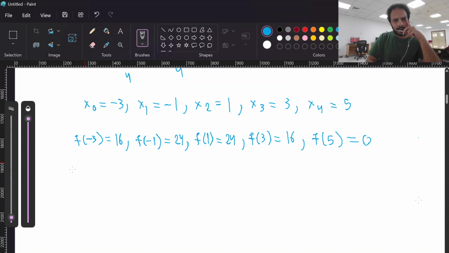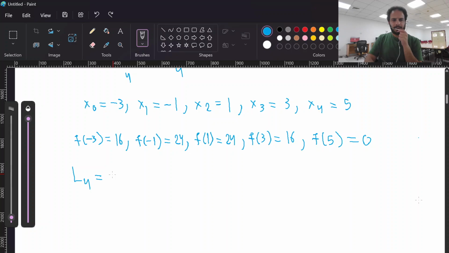So now let's find L4. L4 equals delta x times the summation of the first 4 values, because it's left summation. So let's write delta x.